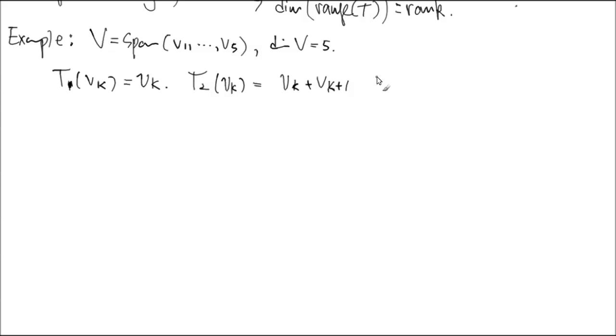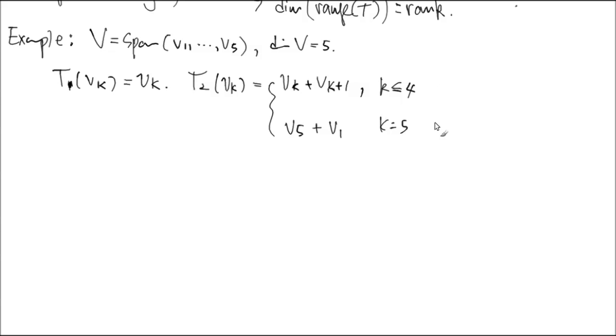That only makes sense if K is less than or equal to 4, because we reached the 5 in there. If K is 5, I'm just going to go V5 and go around the loop. Is that all right?